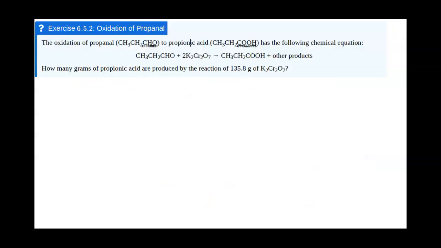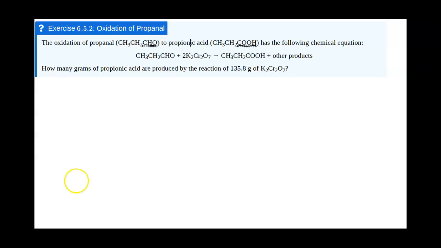So this is an example from the book. It says the oxidation of propanol to form propanoic acid has the following chemical equation. And then there's a pretty complex chemical equation there. It asks how many grams of propionic acid are produced by the reaction of 135.8 grams of K2Cr2O7. So I'm going to need a few things to make this work.